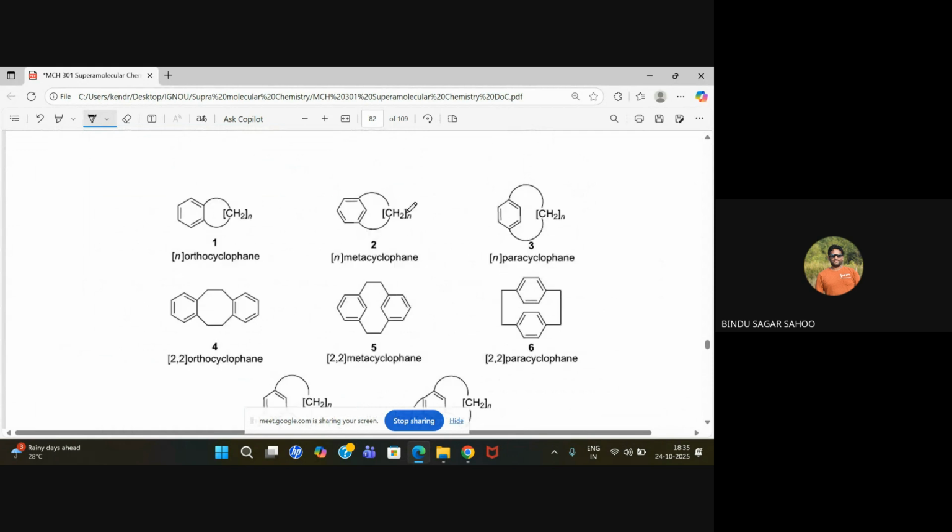But gradually, with an increase in the n value, the rigidity of the structure increases, and throughout the structure the aromatic ring is also in planar form. If the n value is small, it will be more flexible and will deviate a little from planarity.